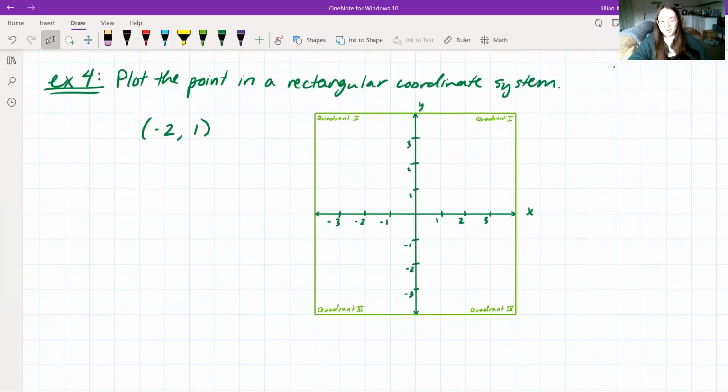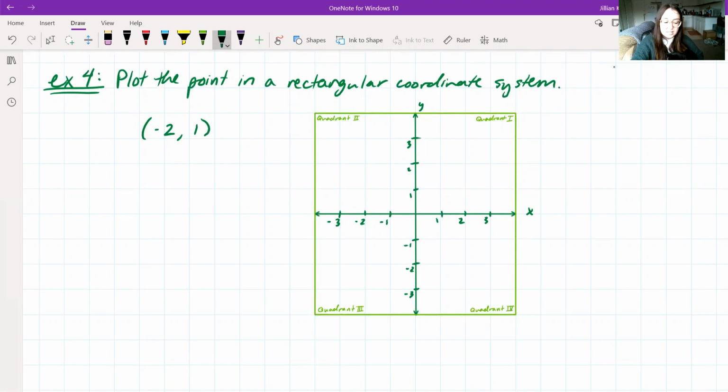So as an example, example 4, we want to plot the point in a rectangular coordinate system. So we're given our point here, -2, 1, and we have our rectangular coordinate system here. We have our quadrants, which are labeled, and we have our x-axis and our y-axis, and our paper or our note-taking system is already gridded, so we can follow along here with the values.